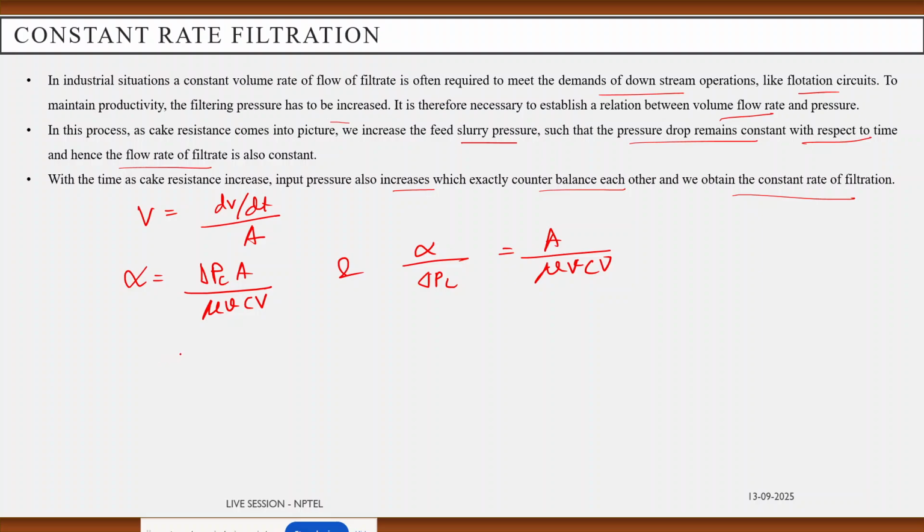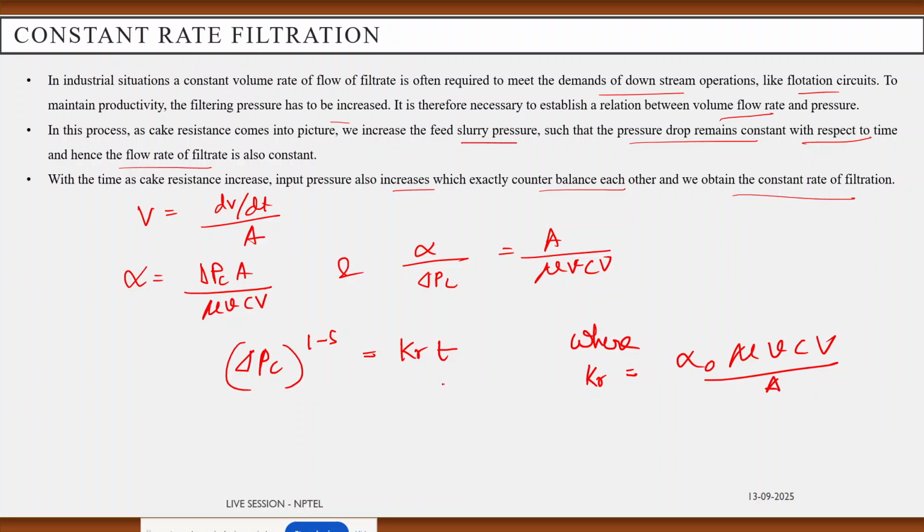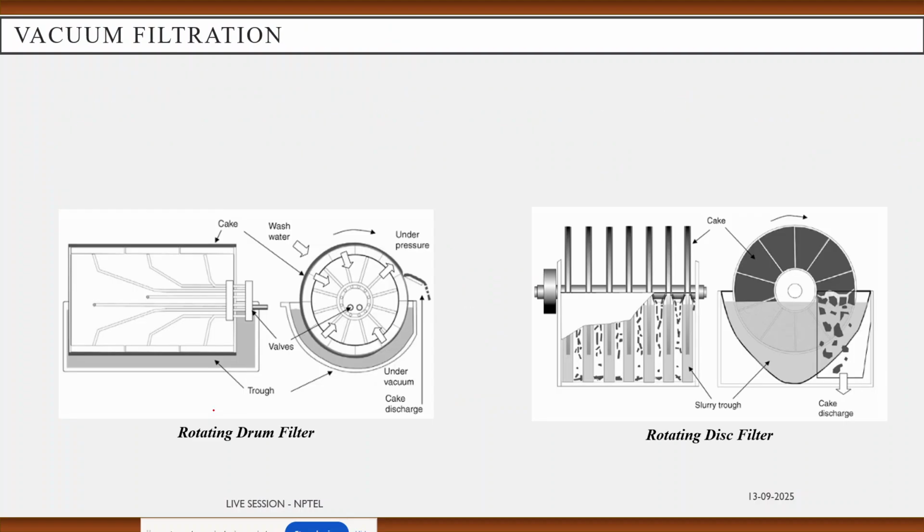For an incompressible cake we can write del Pc, which is related by this equation, where Kr equals this one, which is related to constant rate filtration, and S is the compressibility factor.